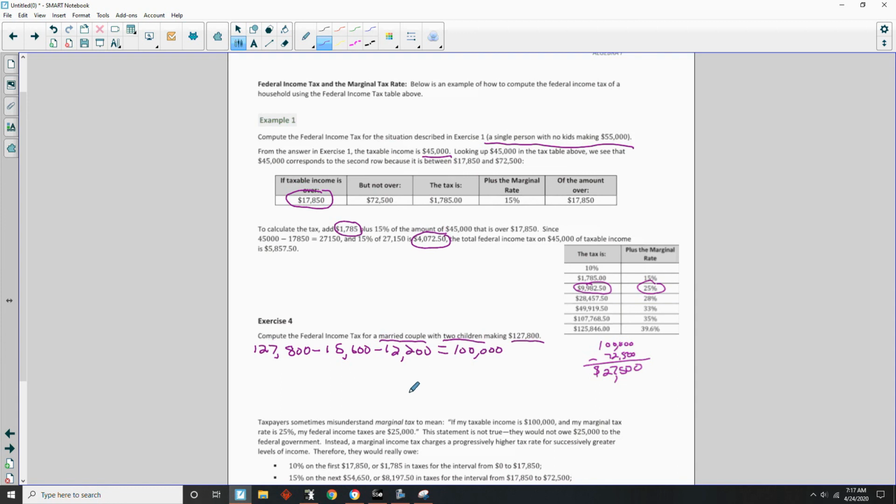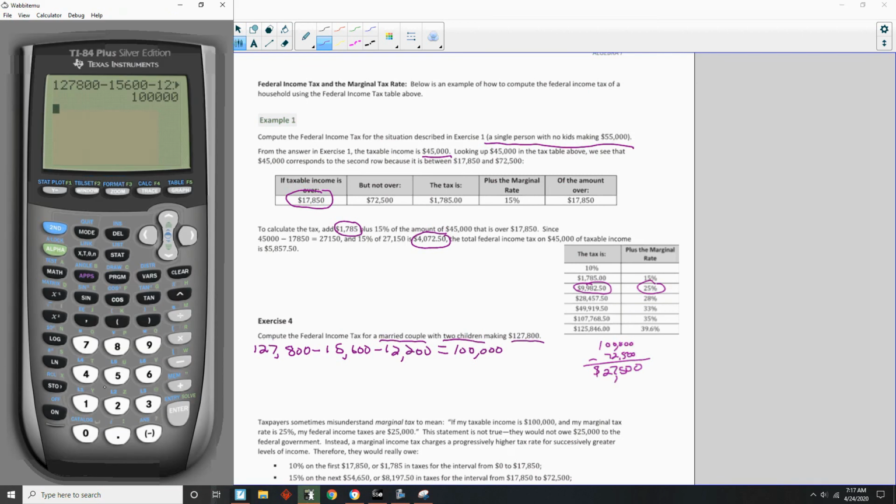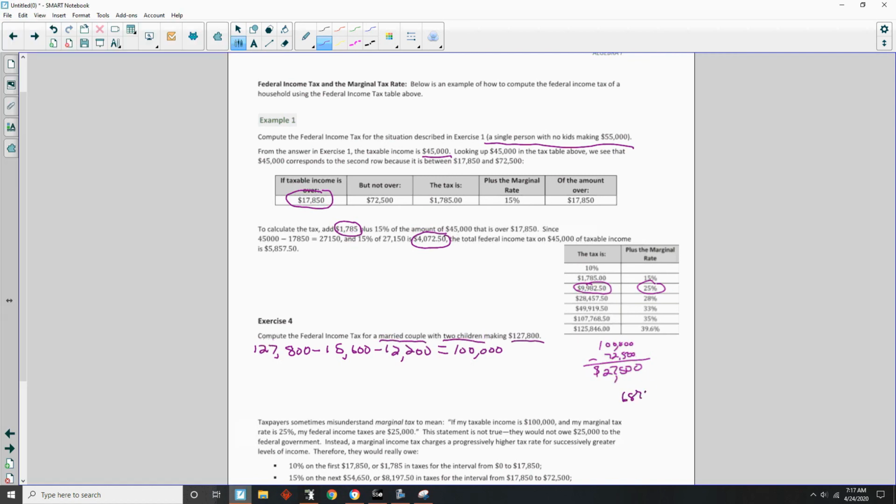So we take 25% of 27,500. You could just divide it by 4, since 25% is one fourth. And that is $6,875. This is times 0.25. 25% will give me this, so there's one amount. The other amount is 9,982.50.